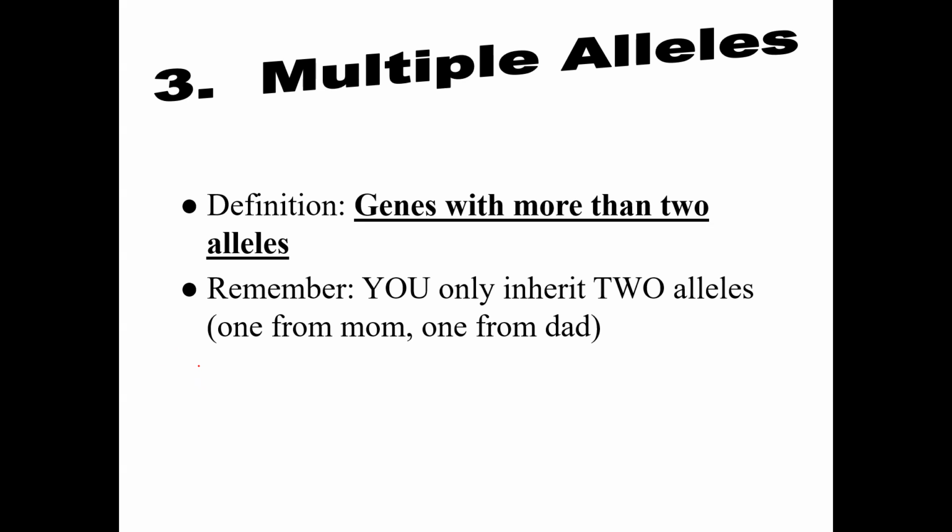Now, here is how that works. We have 3 alleles for blood type. So we have type A allele, B allele, and we also have one for D. D is the rhesus factor. That's what makes your blood positive or negative. Okay.